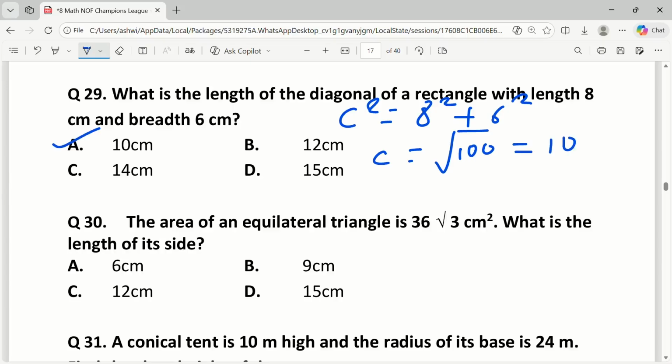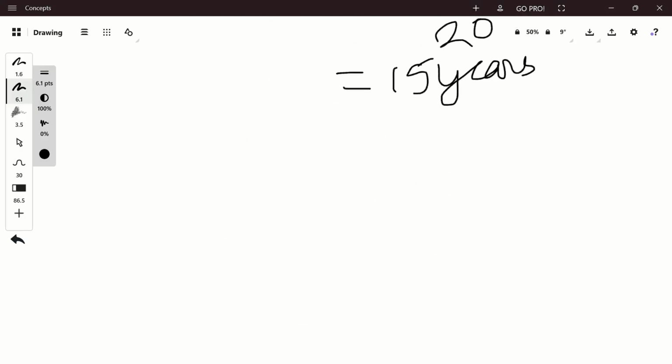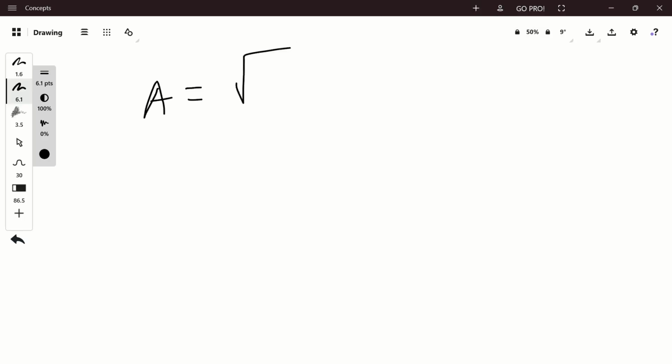Question 30. The area of an equilateral triangle is 36 root 3 centimeter square. What is the length of its side? The area of an equilateral triangle with side length S is given with the formula area is equal to root 3 by 4 side square.